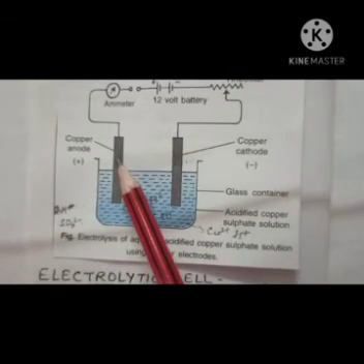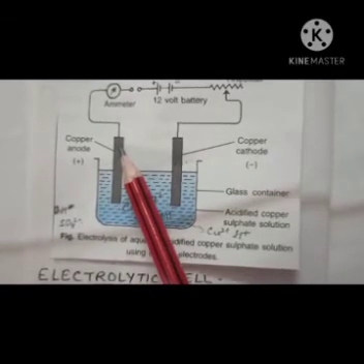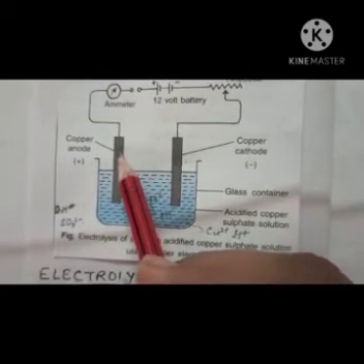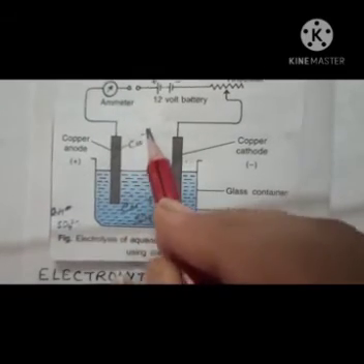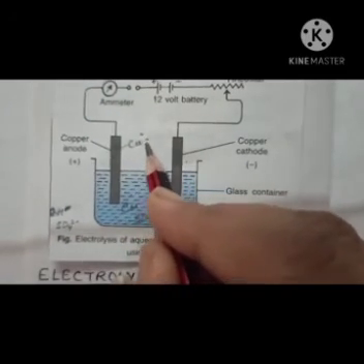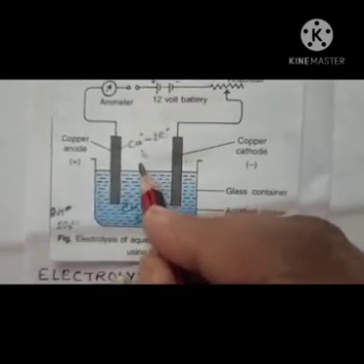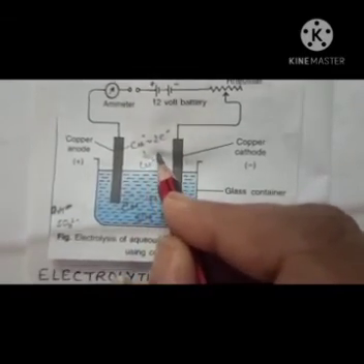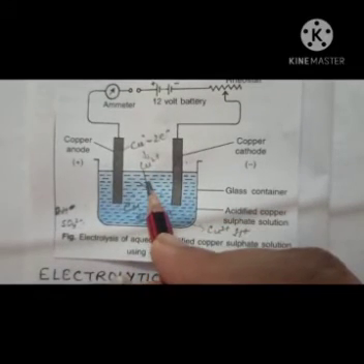But because this anode is an active electrode, why? Because it is made up of copper, so it will take part in the reaction. And this copper anode, what's happened here? Copper atom will lose 2 electrons and convert into copper 2 positive ions, and they will again come in the solution, right?